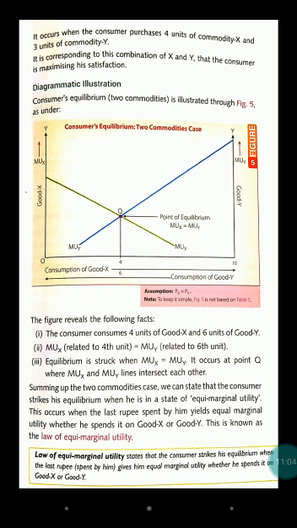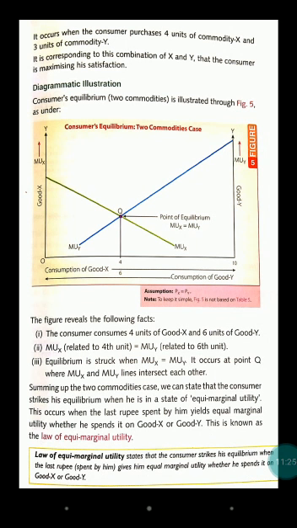Consumer equilibrium will occur at point Q, where MUX is equal to MUY, because the lines intersect each other.